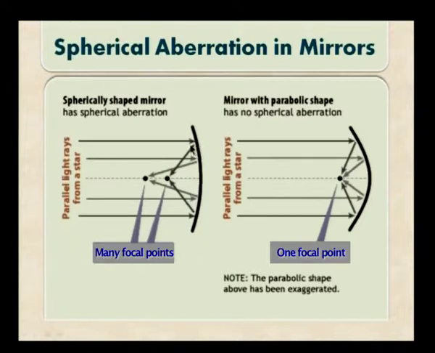So, the marginal rays come to a focus at this point, whereas the paraxial rays come to a focus at this point, and so you will be having many focal points. You have got an object here, and the light coming from the object will not be getting focused at a particular point. So, you have many foci.